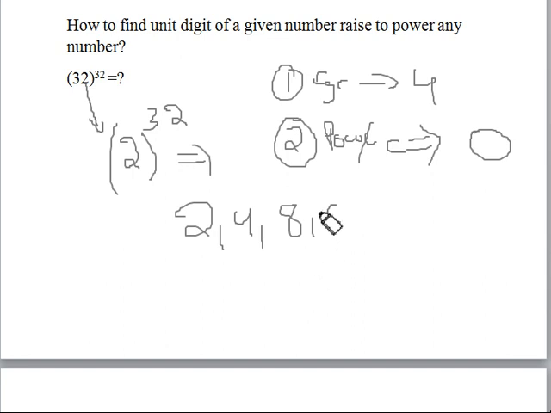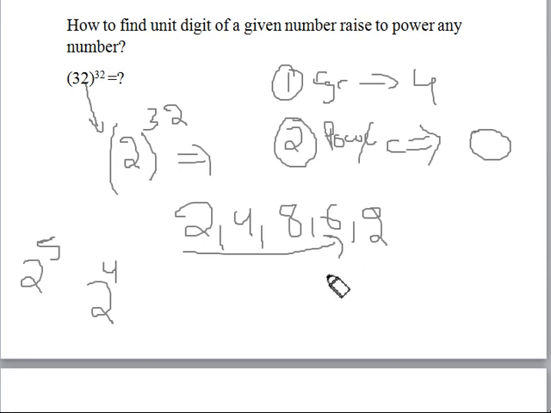If I write 2 raised to power 5, the last digit is 2, because the cycle starts again. But 2 raised to power 4, or any multiple of 4, means the cycle is completed up to here, that is 6. So in this question the answer would be 6.